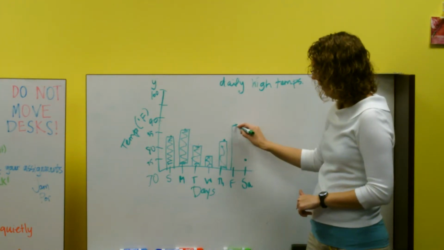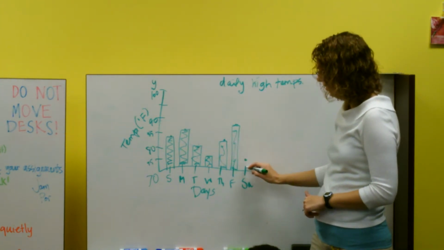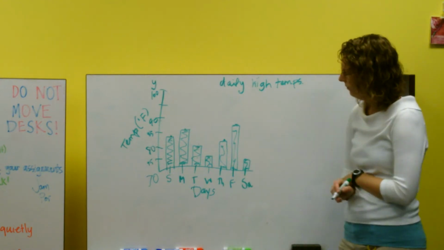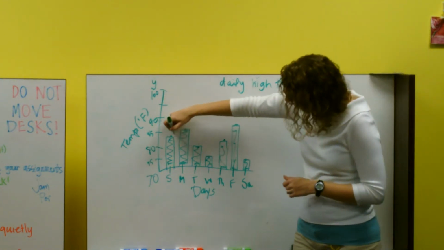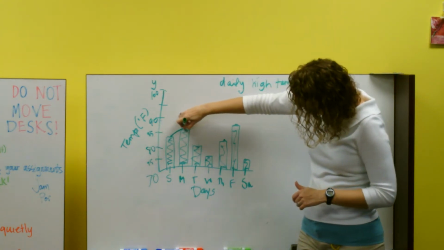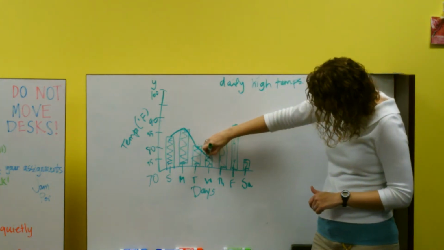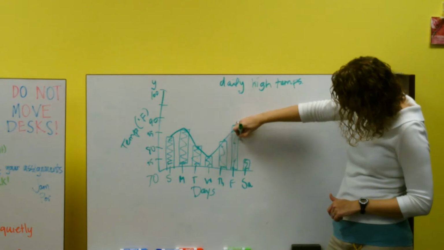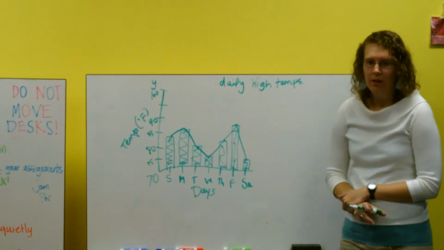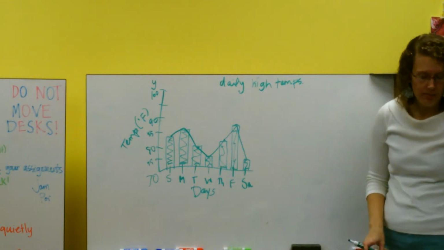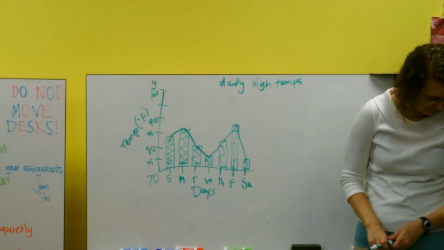For a broken line graph, what am I going to do? I have to connect the dots, okay? So, connecting the dots would mean here to here to here to here to here to here, okay? Raise your hand, make sure we're all following the directions, okay?